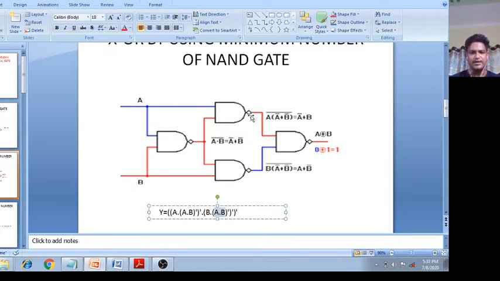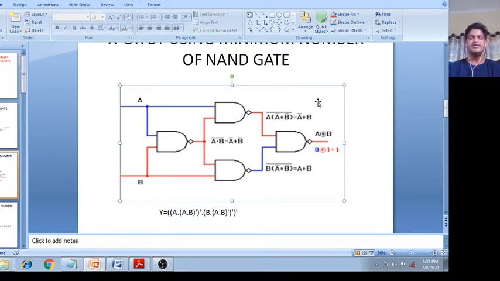So you can implement this. This is A dot B whole dash, again this is your whole dash. Then this one again A dot B whole dash, then the whole complement for this dash. Now you can see only 4 gates are required.